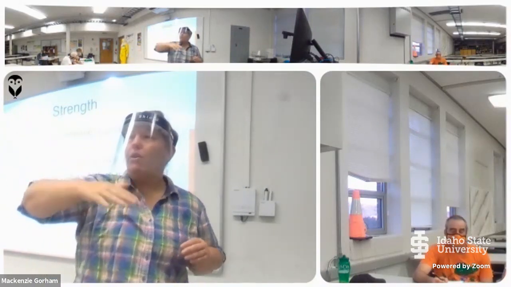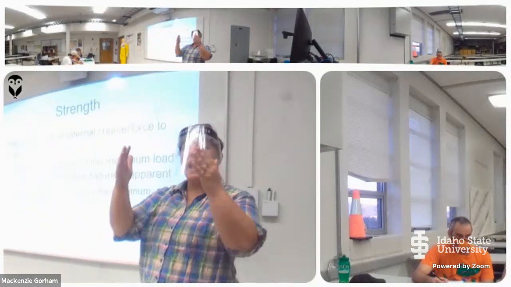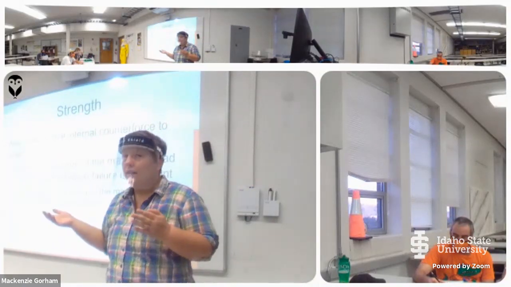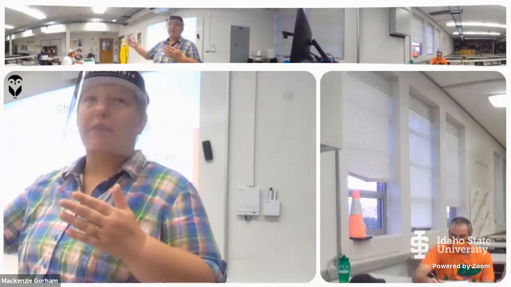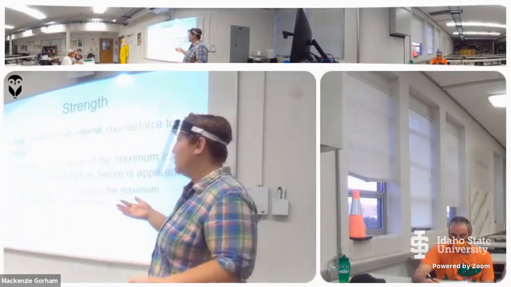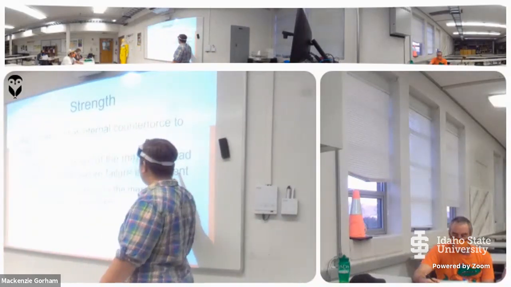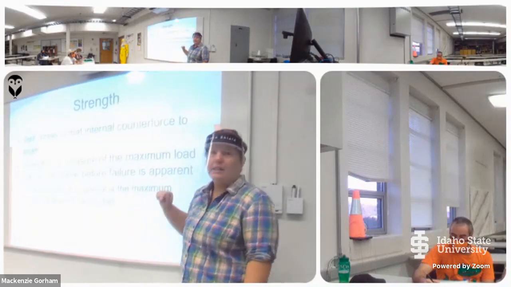We can go through this whole range of stress due to our changing strain, because that material has the ability to have some elastic deformation, right? And it can yield, and then eventually fractures. Strength is talking about a maximum load before failure is apparent.